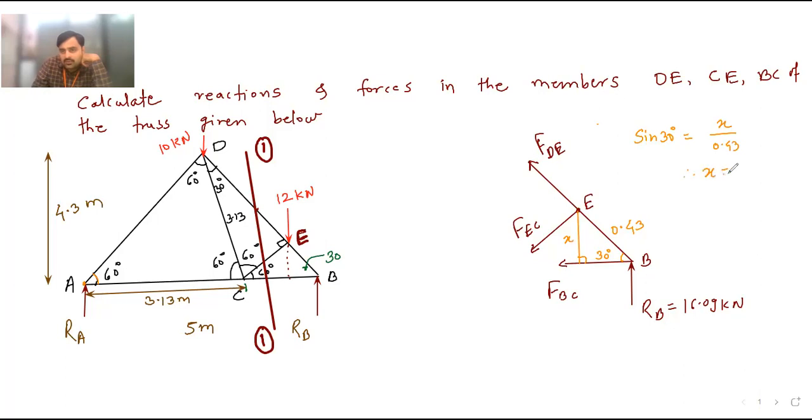Therefore x is equal to 0.43 into sine of 30.